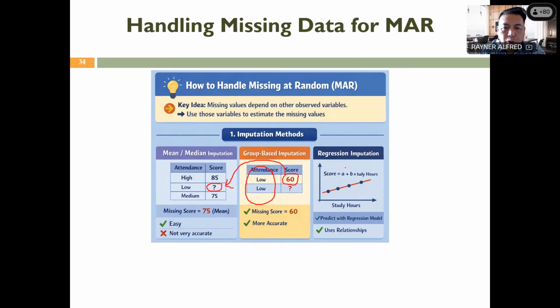We could also use regression imputation, which means that we look into a few variables here, because the other students also have values for attendance and study hours. So based on the regression, we can predict the score and put the value here. You will learn more about this regression.